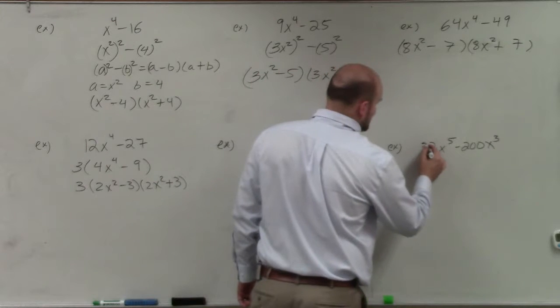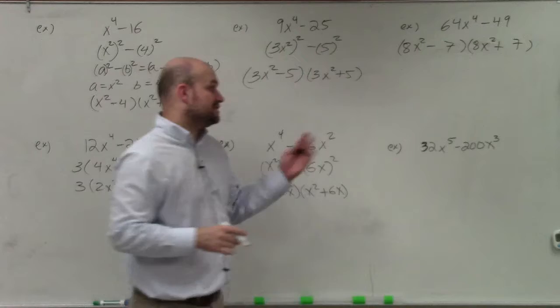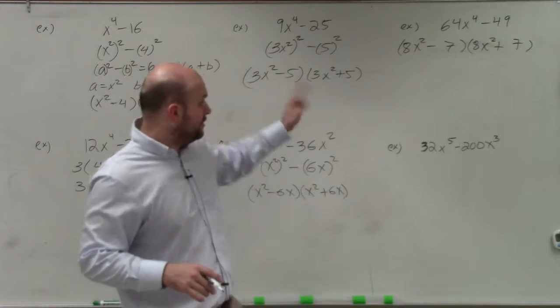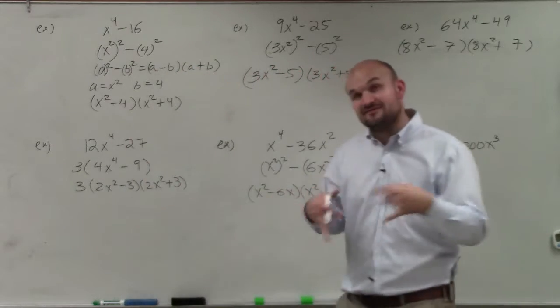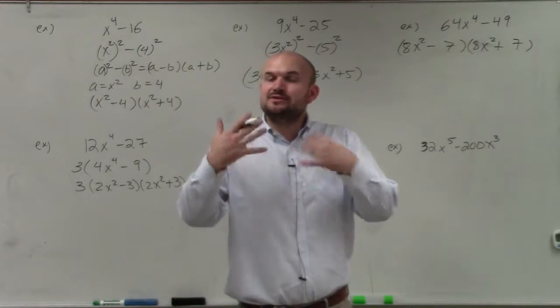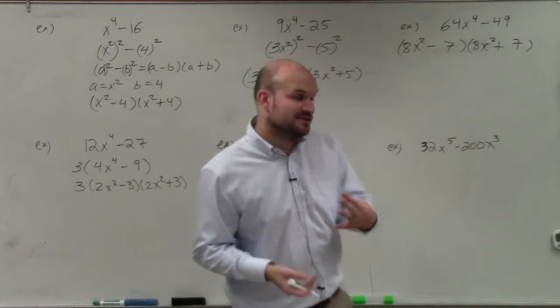All right, in this example, not only do I not have squared numbers, 32 is not a square number, nor is 200, nor is 5, nor is 3. However, going back to my thinking over here, if I can find terms that they have in common, let's factor them out to see if I can still use the difference of two squares.